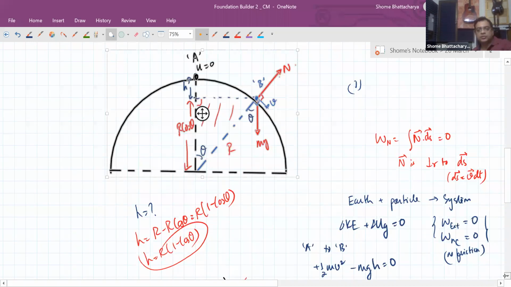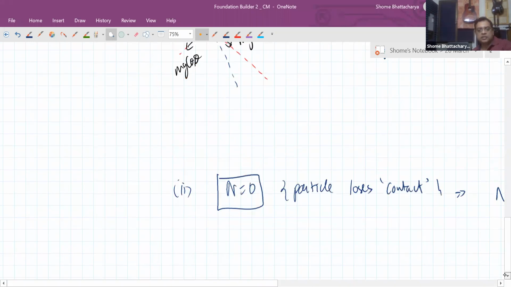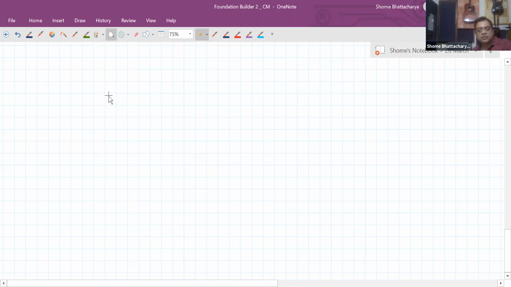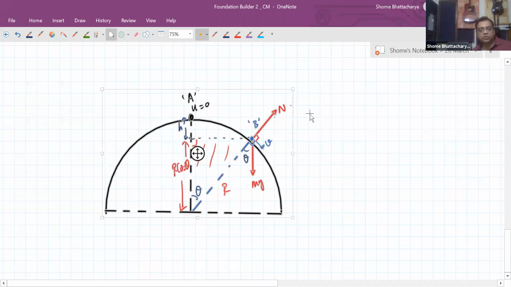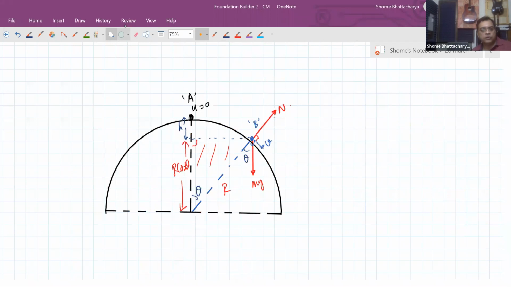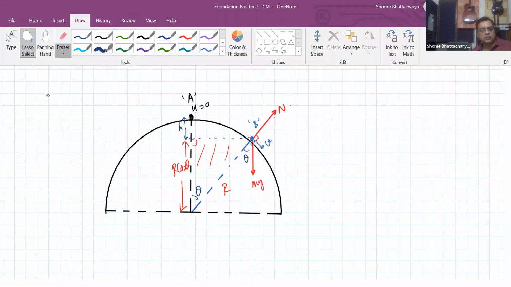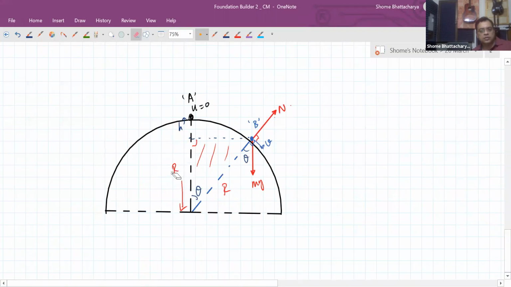So now in this diagram, the only thing I'm interested in is the kinematics part, that is the motion part. So I'll remove all the unnecessary things. I don't need the forces and all.